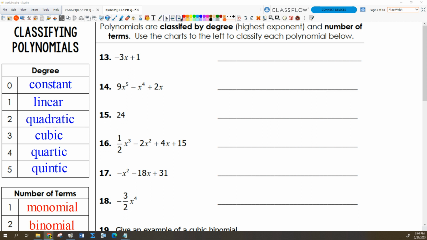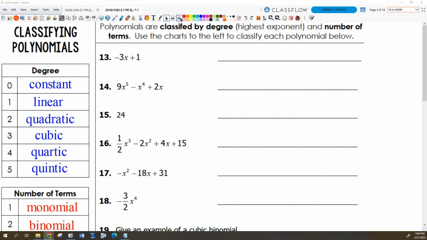We talked a lot about quadratics last unit. We didn't call them polynomials at the time, but now we know that they are polynomials. Degree 3, the polynomial is cubic. If it's 4, it's quartic. You can remember that, 4 quarts in a gallon. And if the degree is 5, it's quintic. Beyond that, we would just say a 6th degree polynomial or a 12th degree polynomial.